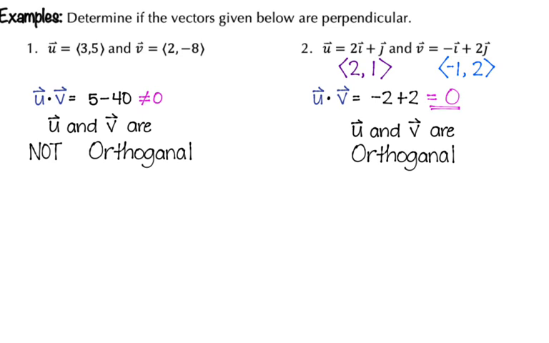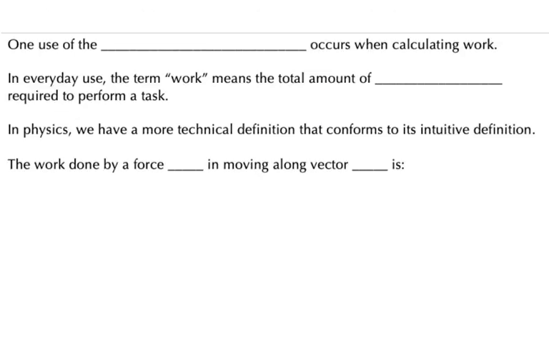What's the other application? We said there were two different kinds of applications. One was to find angles between two vectors, and the other is something called work. Work is a very specific term in physics that is a unit of measure.